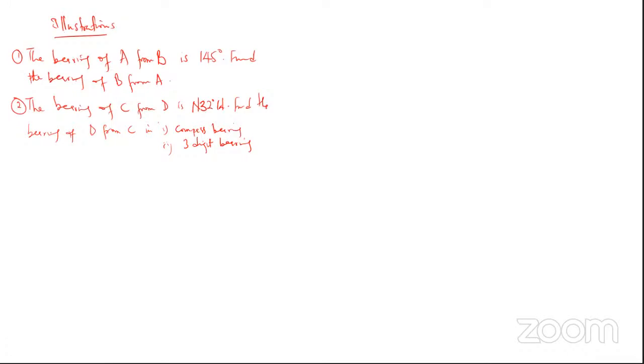Now for the first one, he said the bearing of A from B is 145 degrees. And he said find the bearing of B from A. So like I've explained earlier, let's look at the solution. The bearing of A from B. What is our reference? I told you the reference is the noun or the pronoun that comes after the preposition from.